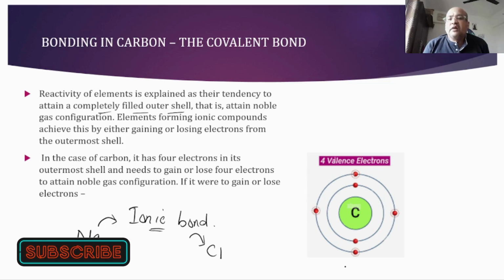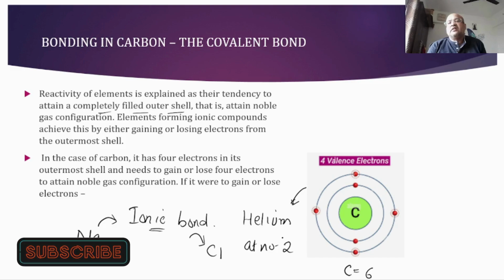The atomic number of carbon is 6, as we have discussed earlier. It is between helium, which is atomic number 2, and neon. If it loses 4 electrons, it can attain a noble gas configuration like that of helium. And if it gains 4 electrons, it can go to neon, whose atomic number is 10.